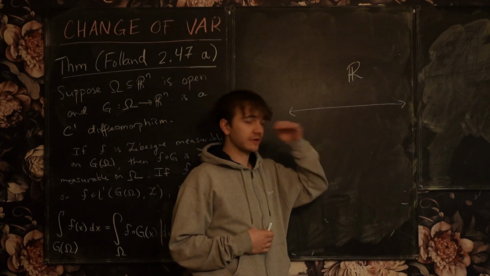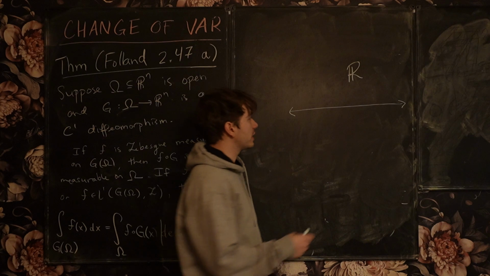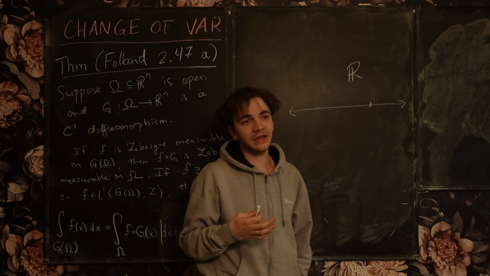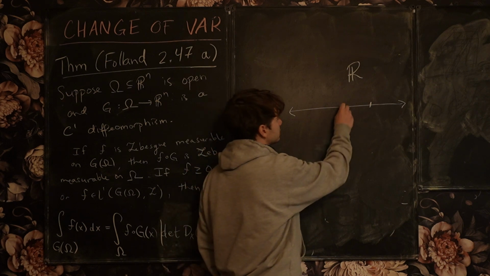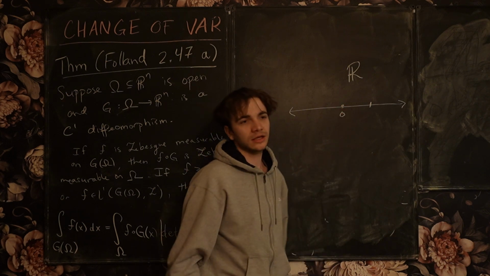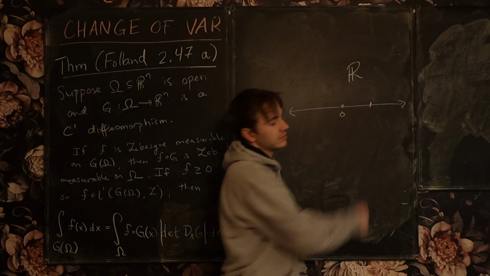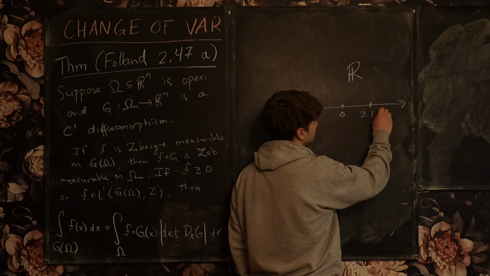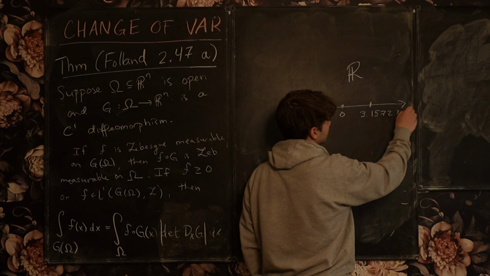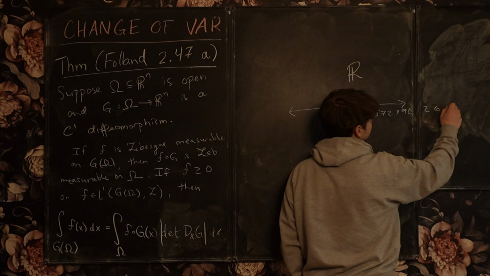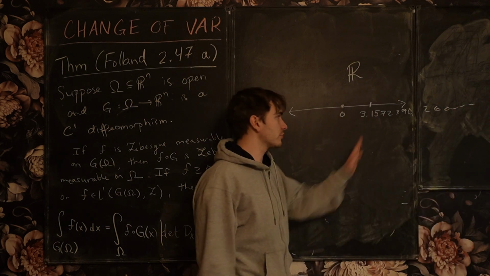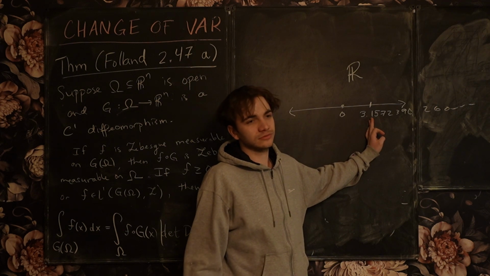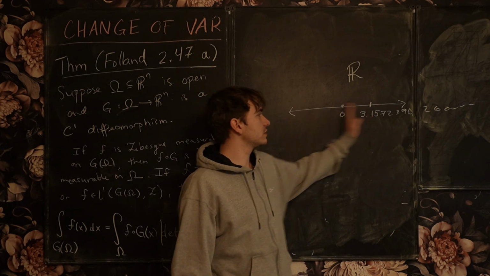Any point on this number line, I can describe using a base 10 number system. Let's say this is 0, and maybe this point is 3.157239026, etc. So all the real numbers are describable as basically an infinite decimal. And this is the line of numbers.